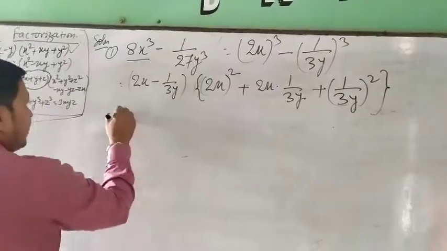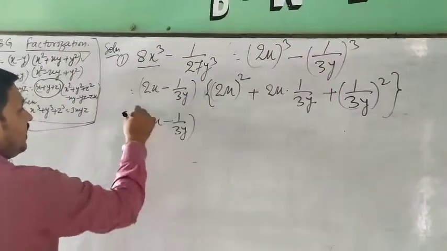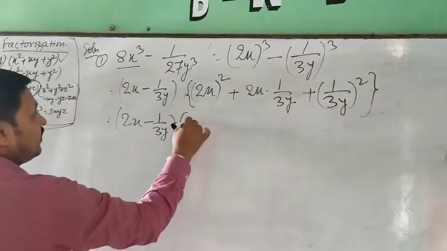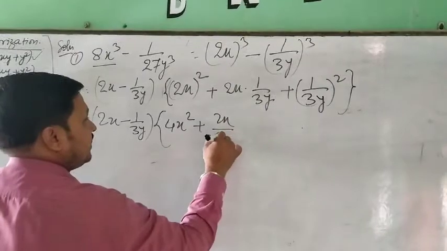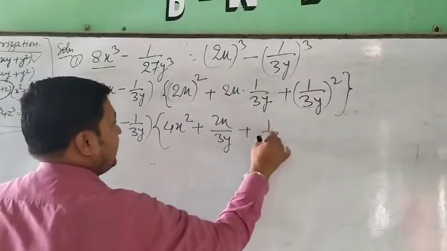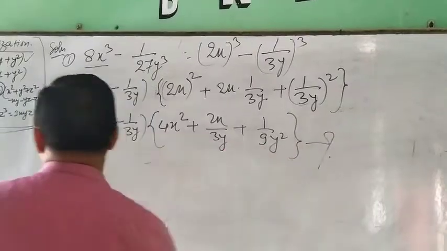So your result is (2x minus 1 by 3y)(4x square plus 2x by 3y plus 1 by 9y square). So you got your answer.